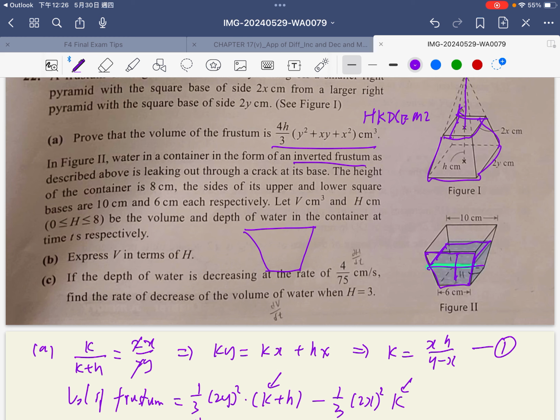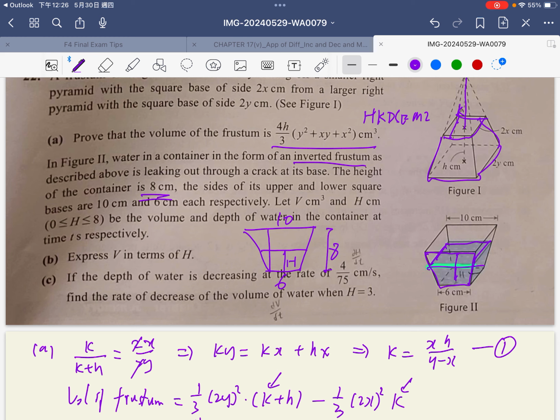The upper is 10, the lower is 6, and the height is 8. The height of water should be H. And I draw a triangle here.